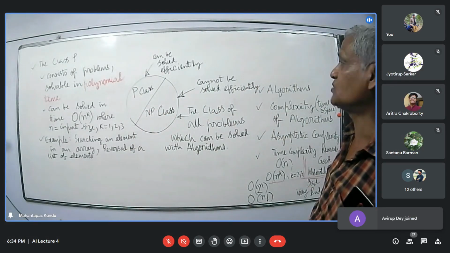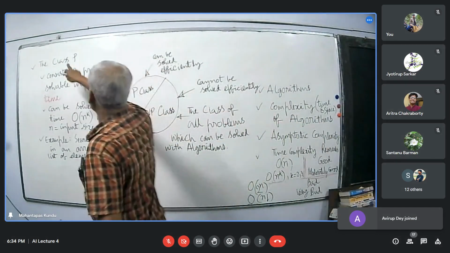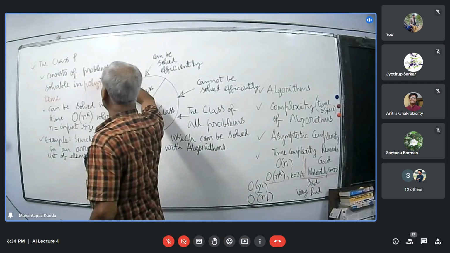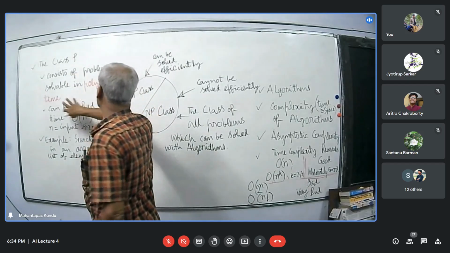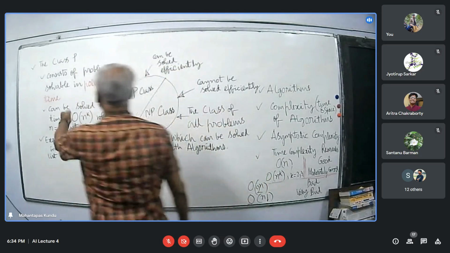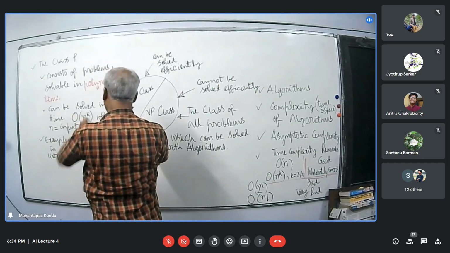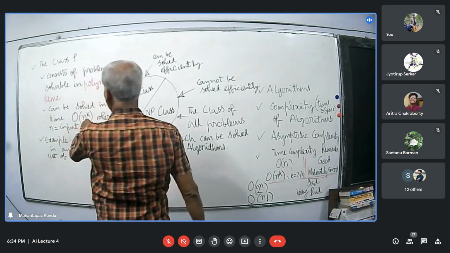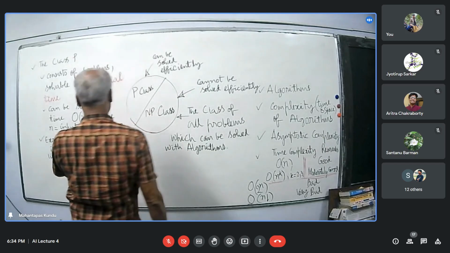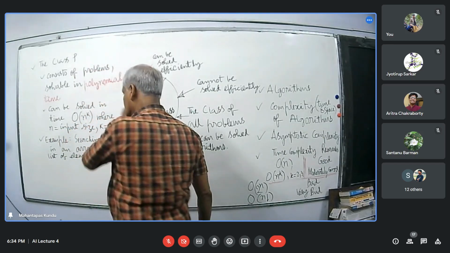P stands for polynomial because this class consists of problems solvable in polynomial time. That is, they can be solved in time which is big O of n to the power k, where n is the input size and k may be 1, 2 or 3.